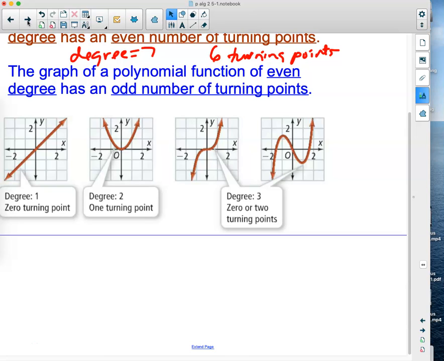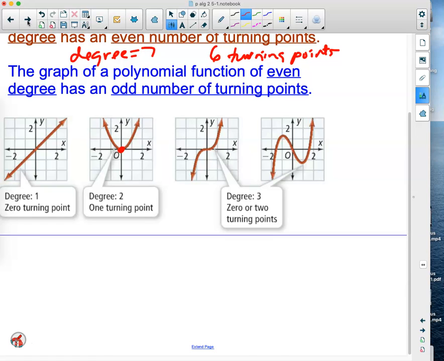So this one, it's a line. It doesn't have any turning points. As you go from left to right, it was always going up. So 0 turning points. This is a degree 2. It has 1 turning point. 2 minus 1 is 1. And there it is. These are both degree 3. But this one doesn't have any turning points. It is just going up from left to right.